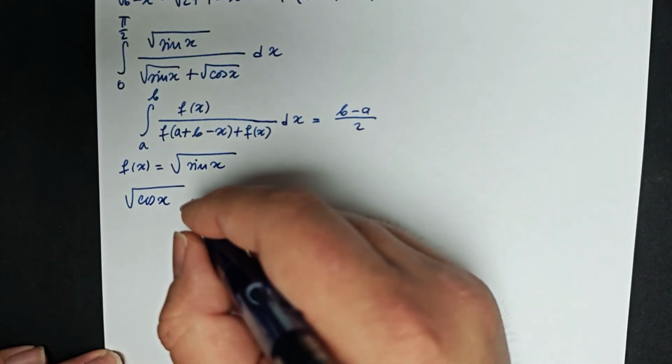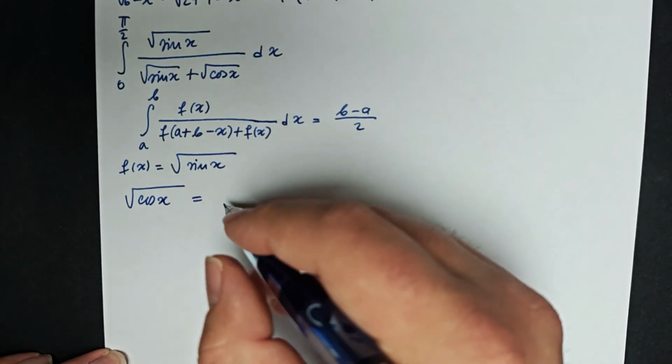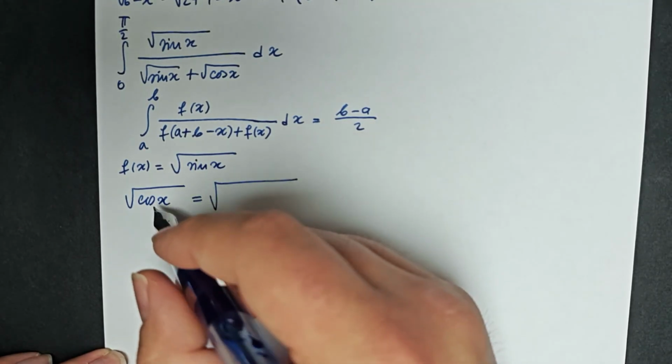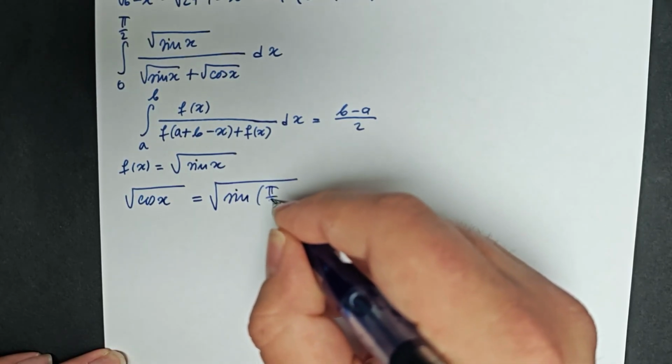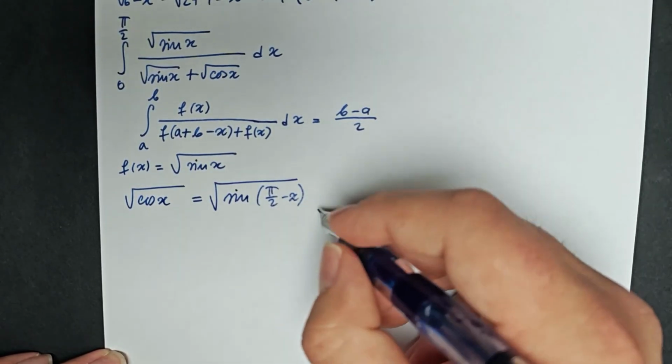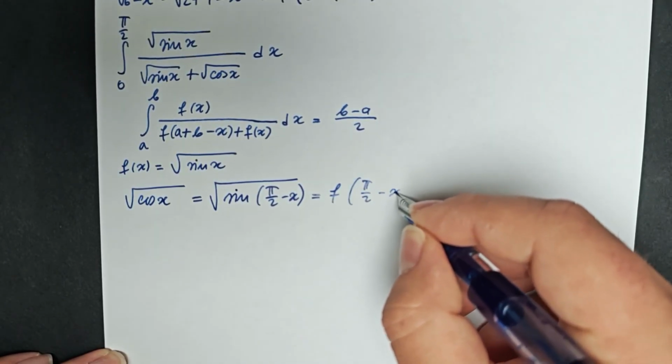The cosine function is a sine function shifted by pi half, if you recall from trigonometry. So you can write cosine of x as sine of (pi half minus x). This is then equal to f(pi half minus x).